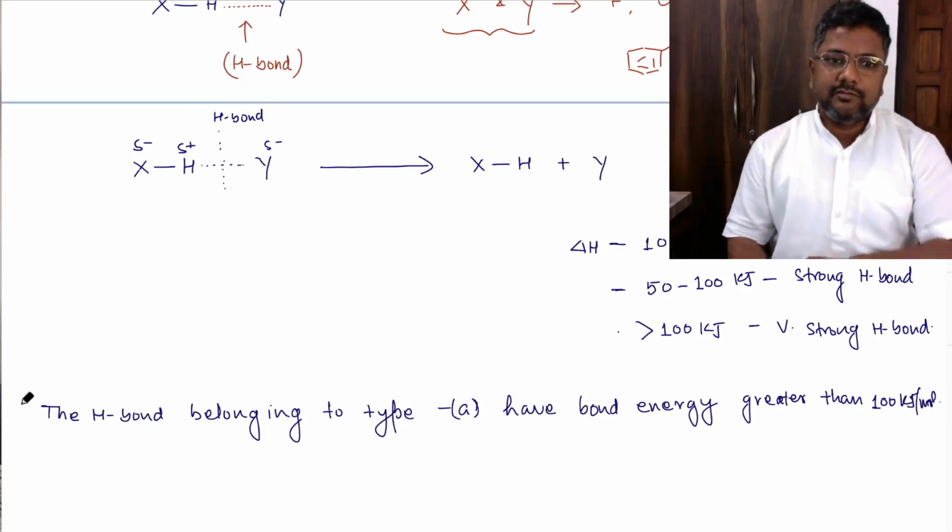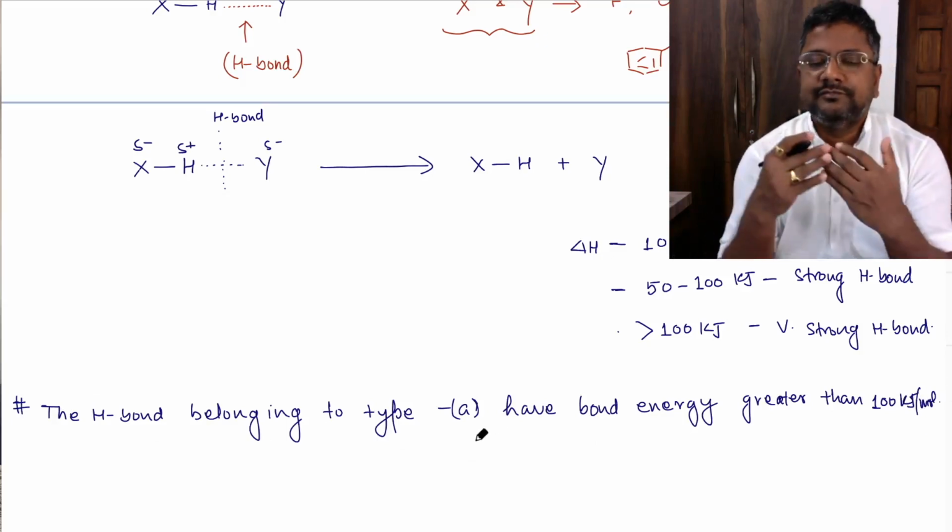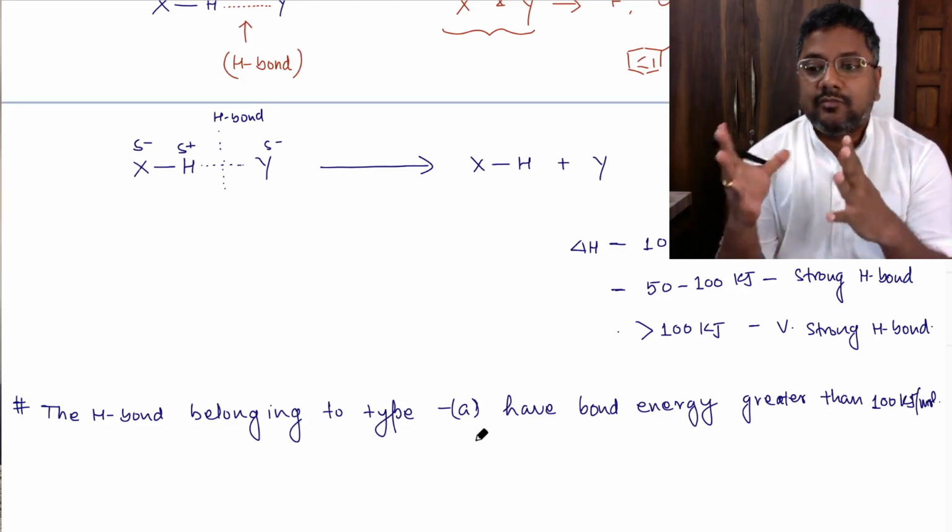So basically the strongest hydrogen bonds belong to the ion-dipole interaction.